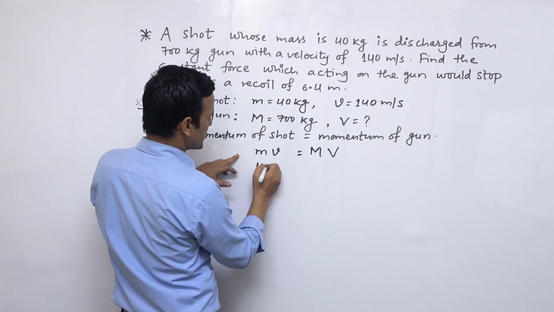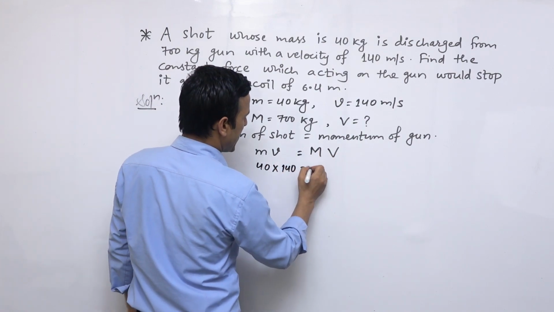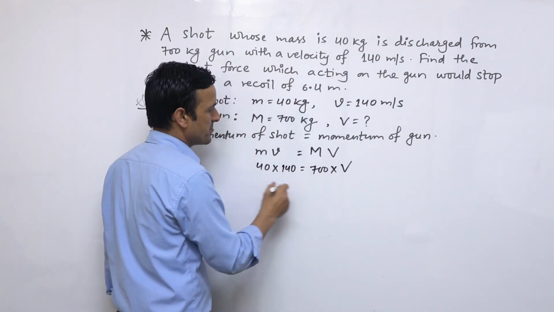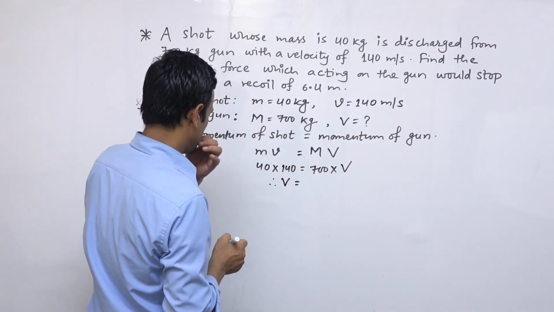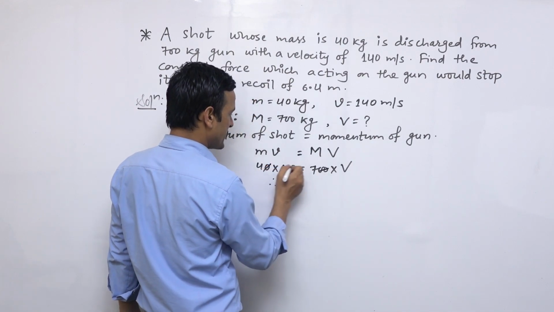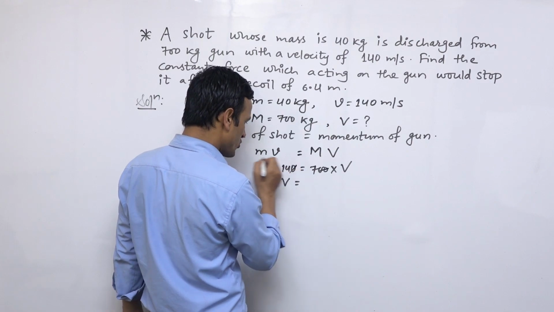Now small m means it is 40, small b means 140, capital M is 700 and capital B is this one. So from here we can find out the capital B. So capital B is, 00 cancel, these two zeros cancel, 7 2 are 14 and 2 4 are 8.